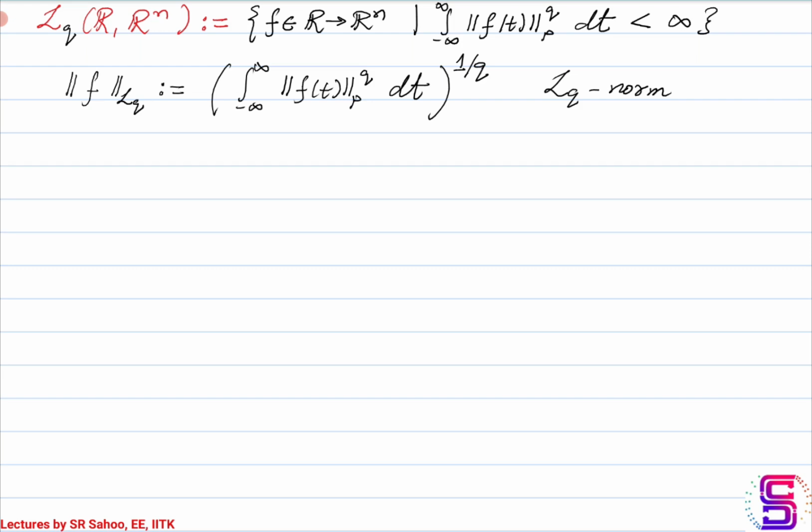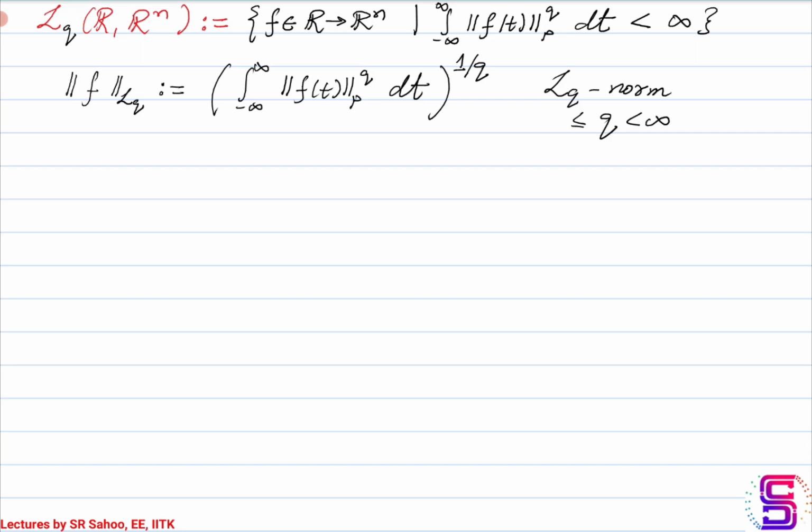If you want to compare the Lq norms of function f and function g, the p norm that you take for f of t and the norm that you take for g of t should be the same. It should be the same p. Otherwise, you cannot compare.